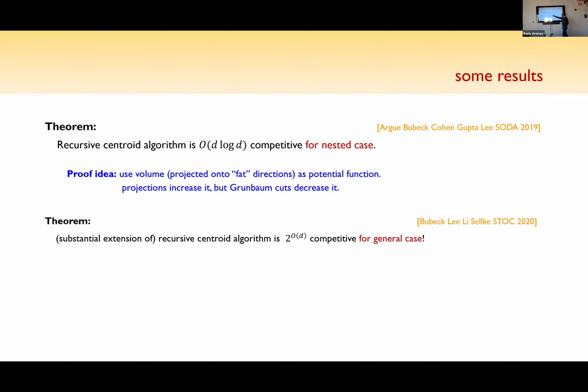And it gave a 2 to the order D algorithm for the general case. Very nice. The Friedman linear conjecture argument. And maybe we'll talk about it another day because instead I'm making good progress. I'll show you the others.